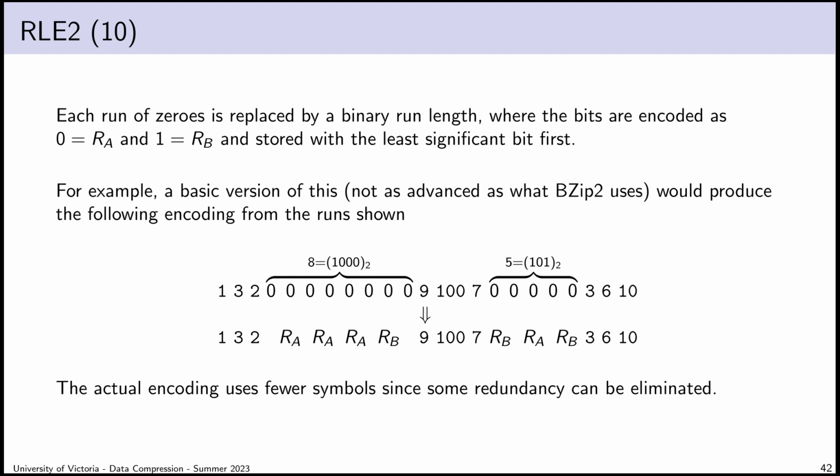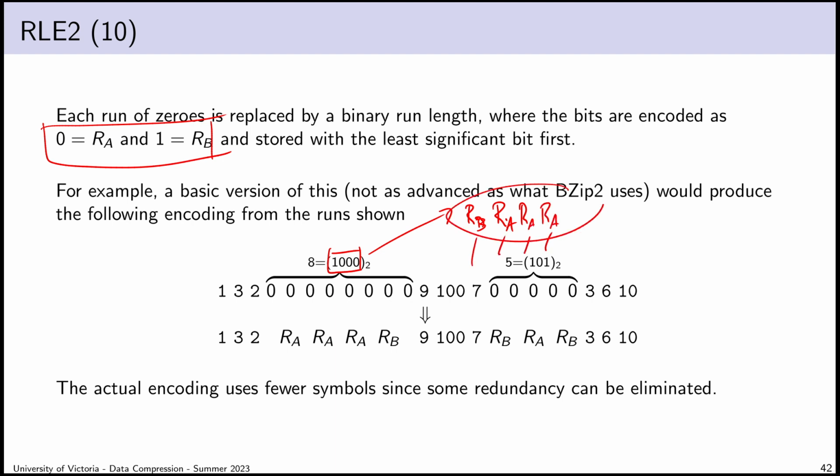Well, I can observe that this run of 8 zeros, if I encode the run length in binary, the run length 8 is 1000, okay? And this one, the run length of 5, is 101. So what I do is I take that binary encoding and I write it out using these substitutions. So RA is a 0-bit, RB is a 1-bit. So I take that number, which means 1000 would become RB, RA, RA, RA.